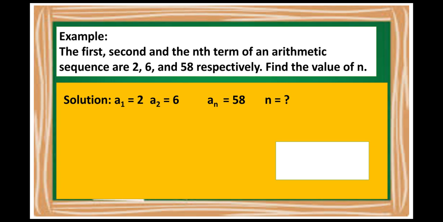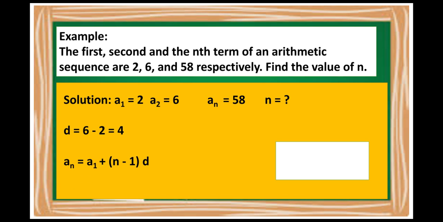Notice that we are given the first and the second term. So we can get the common difference by subtracting a sub 1 from a sub 2, and we get 6 minus 2 equals 4. The common difference is 4.